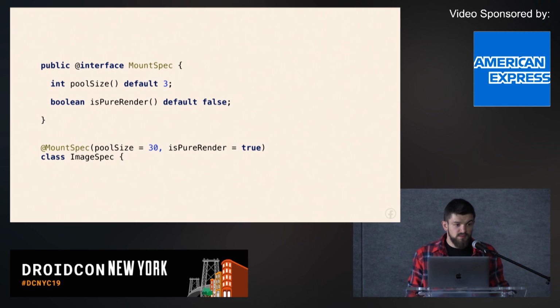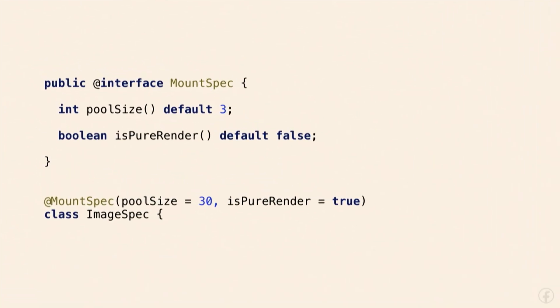So that's something that is provided to you with the framework bundle, but it's a usual mount spec, nothing magical. And you can see that images are set to use a pool of 30 items, because you can have lots of images, especially with scrolling lists, and that's a pure render function.